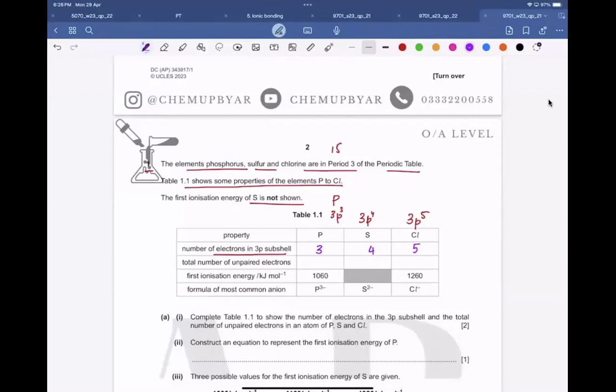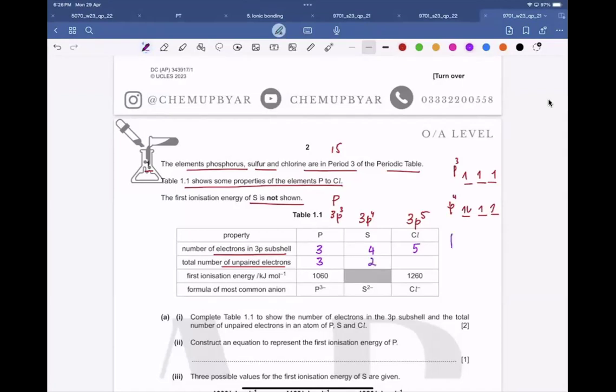Is this clear? Now, the total number of unpaired electrons. If you recall, in 3p3, 1, 2, 3, all 3 electrons are unpaired. In p4, 1, 2, 3, 4, so 2 electrons are unpaired.